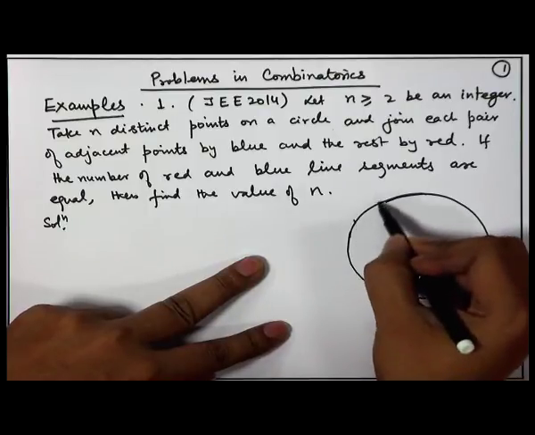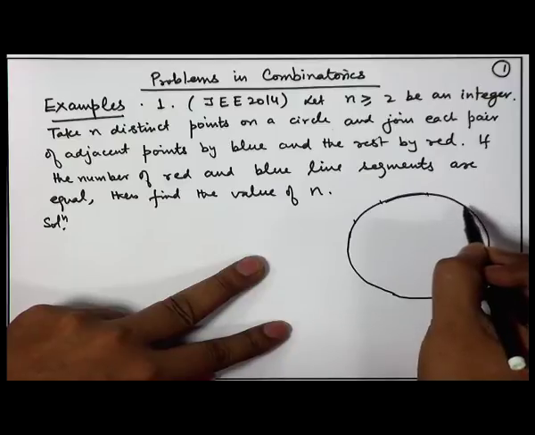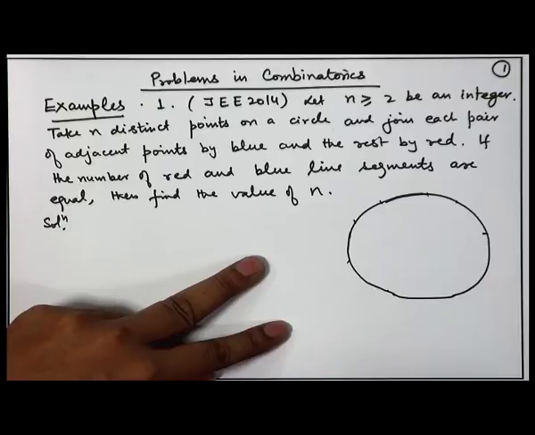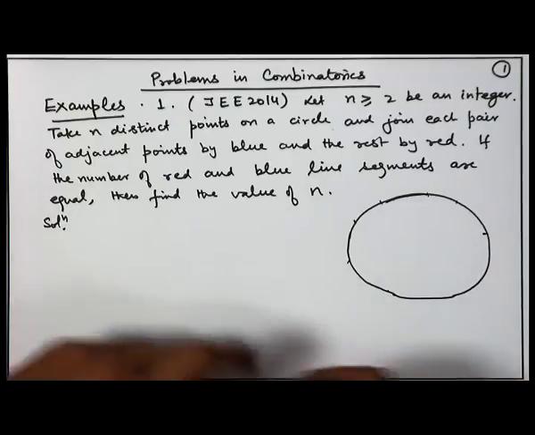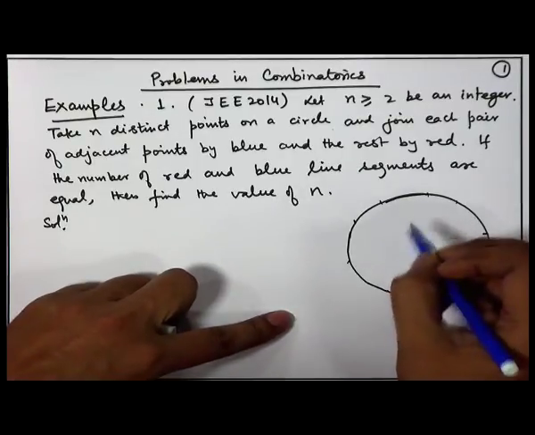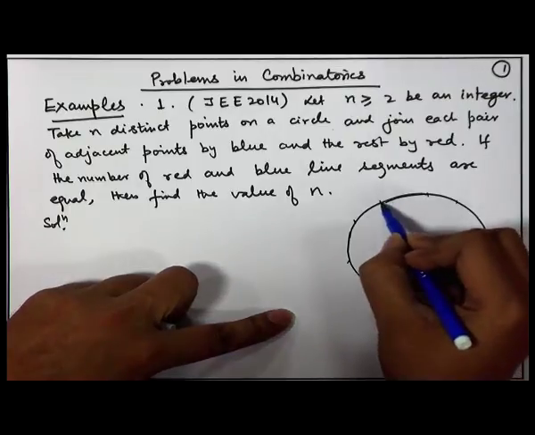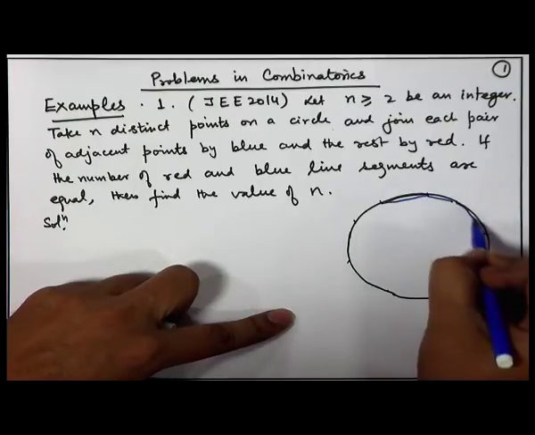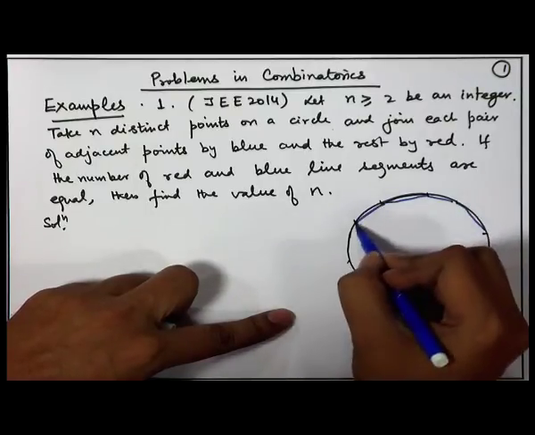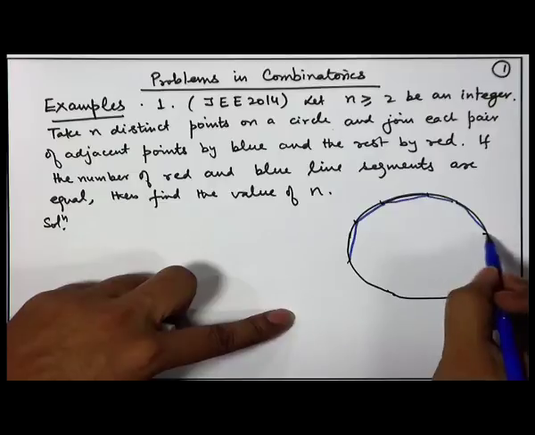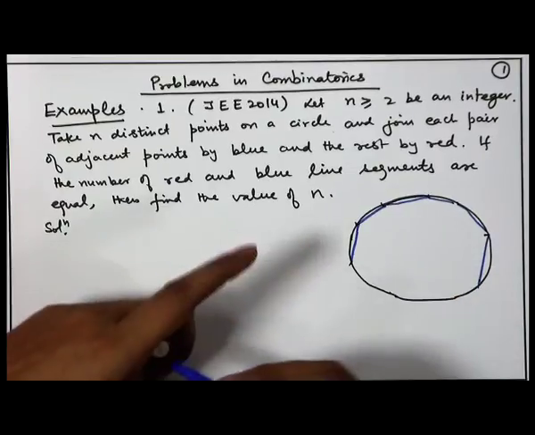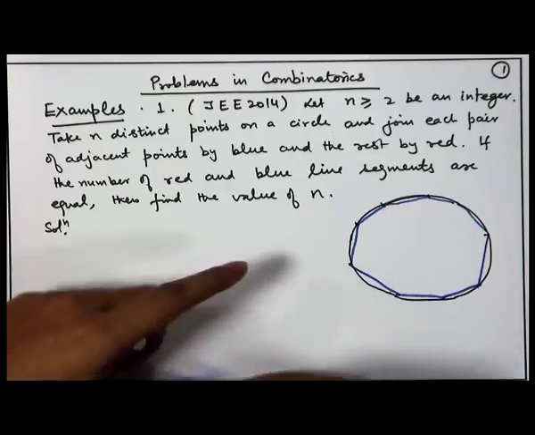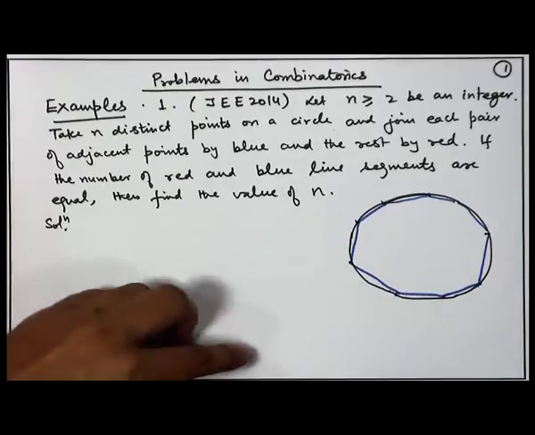Now, these adjacent points we are joining by blue. So, like this will be joined by blue, this will be joined by blue, and so on.